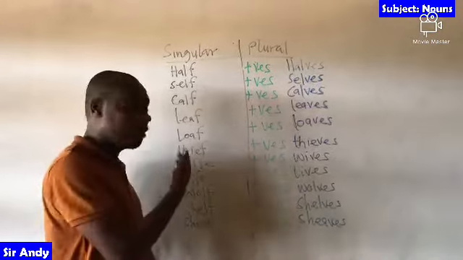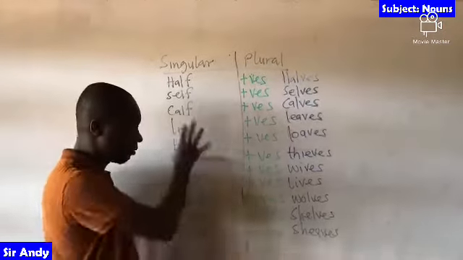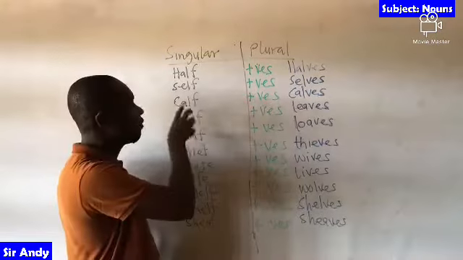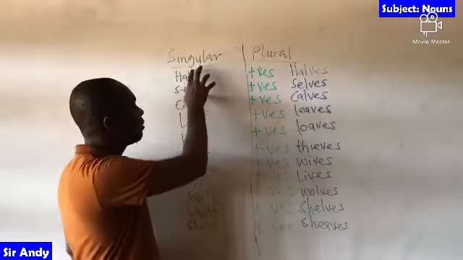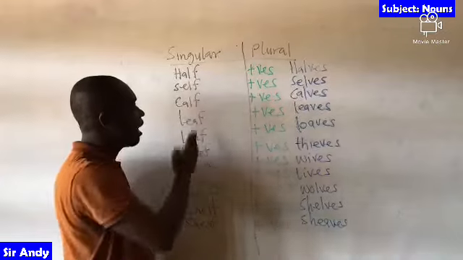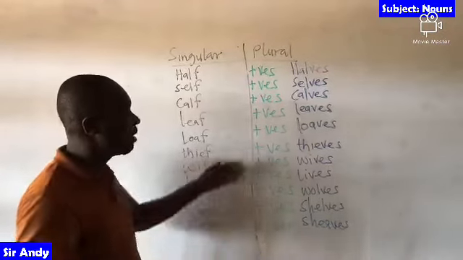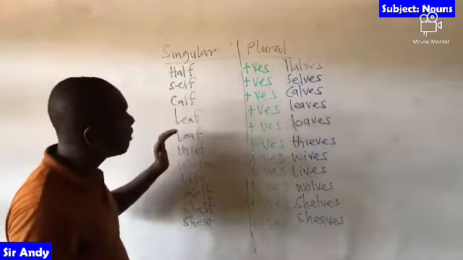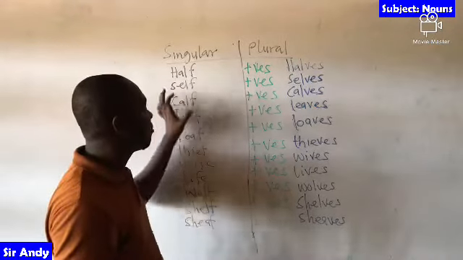Take notice of these words I've just given you. Anytime you see any of these words in English and want to change them from singular to the plural form, it's a matter of taking away the F or FE and replacing them with VES.